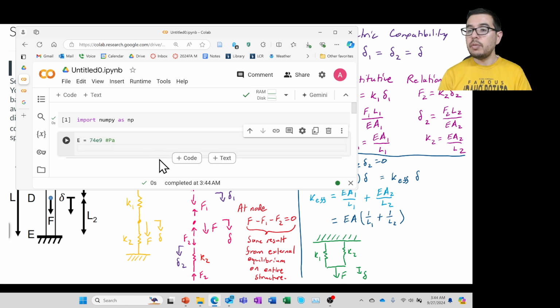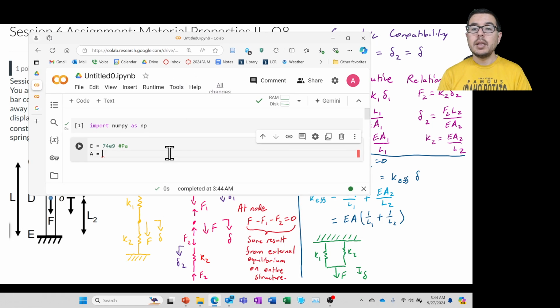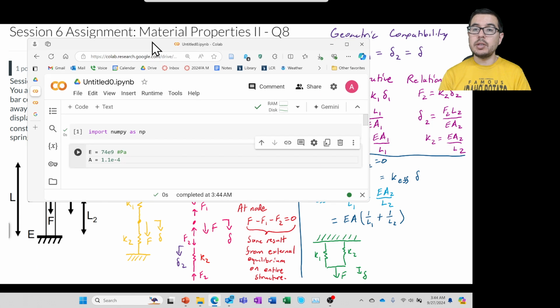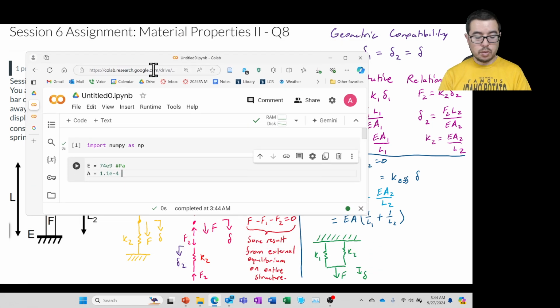And we have our area, which is 1.1 centimeters squared. If I want it in meters squared, I'm going to have to multiply by 10 to the minus 4, because it would be 10 to the minus 2 for centimeters, and now it's squared centimeters, so it's going to be meters squared, like that.